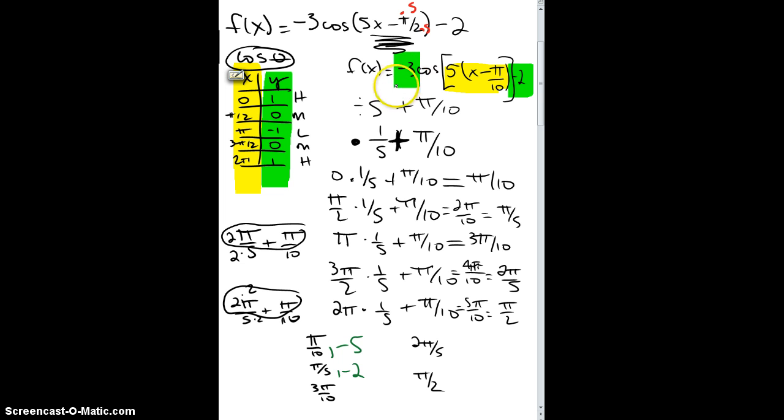Negative times negative is a +3, minus 2 is 1. Over here, 0, so -2. And then my last y value is -3 minus 2, which is -5.